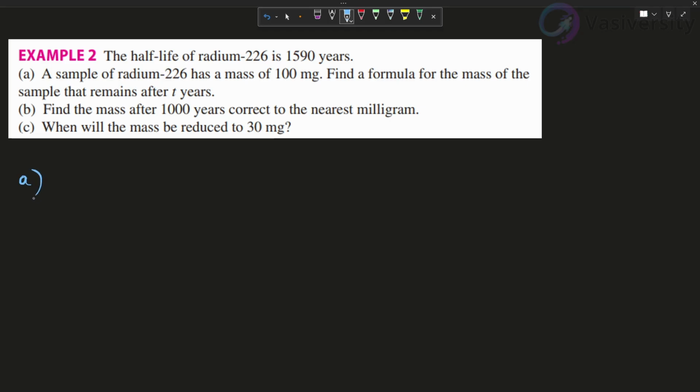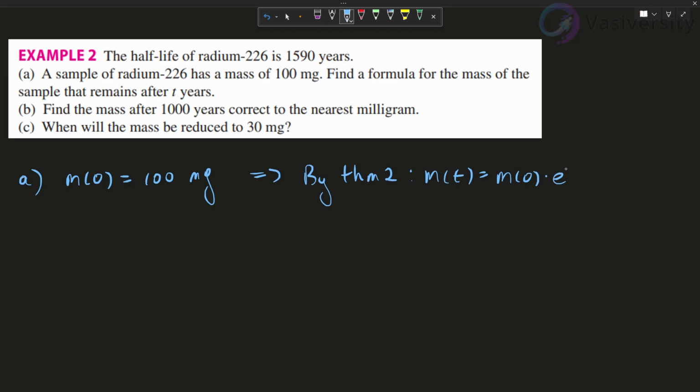Okay, so part A. We will say that M0, initially we have 100 milligrams. By our second theorem, Theorem 2, M of t is going to be M0 times e to the kt, which is equal to 100 times e to the kt. We know that the half-life, meaning we're going to have half of what we have so far, happens every 1,590 years.